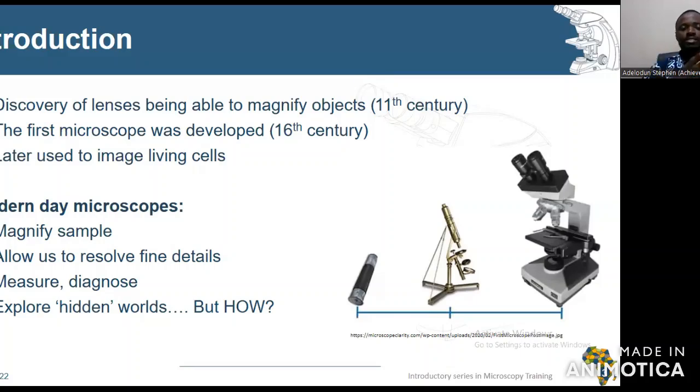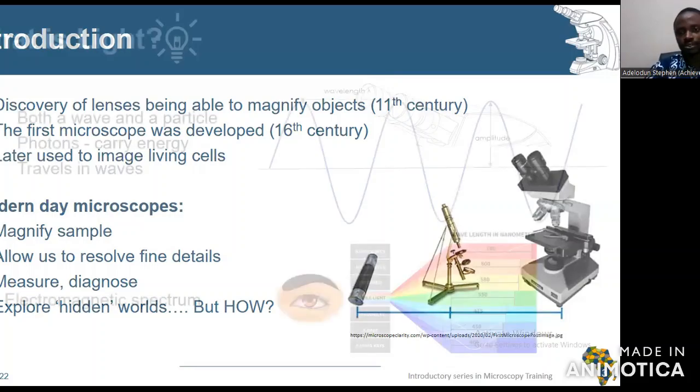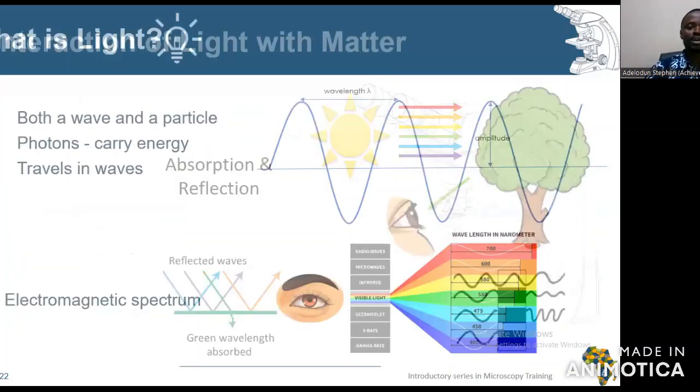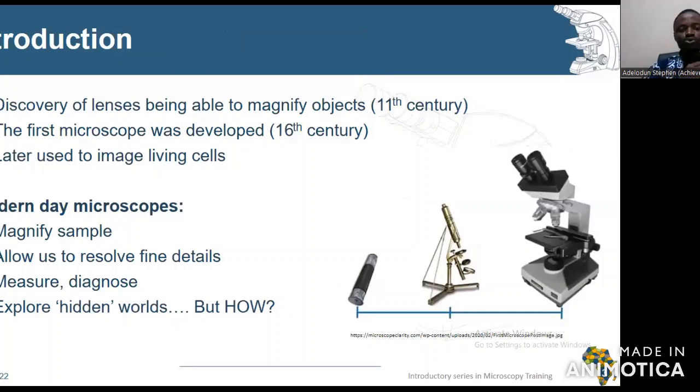The only thing is that the modern microscope gave us the opportunity to see many detailed things about what is happening around us. So we were able to look into our world properly, and it affords us the opportunity to measure and diagnose some things around us.